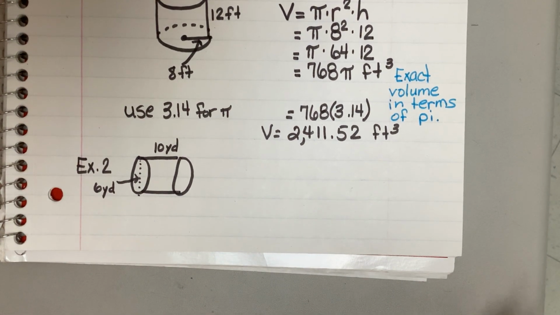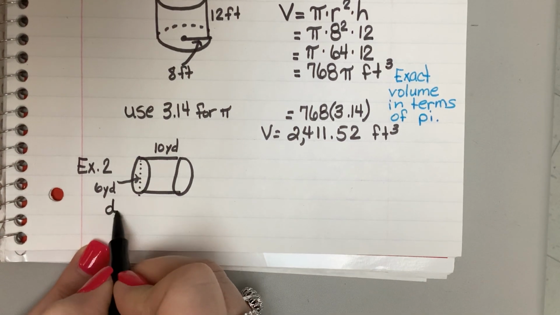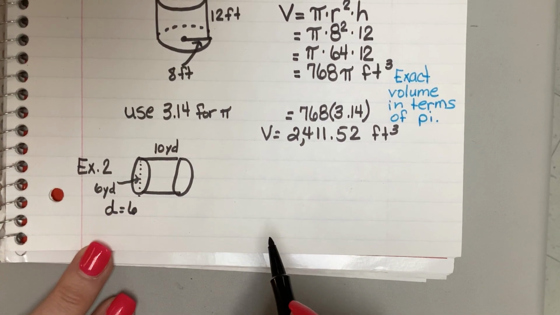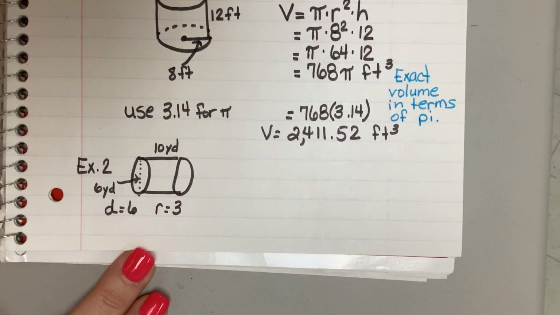So in order to work the volume, you have to know that we don't need diameter. What do we need? We need radius, which is 3.